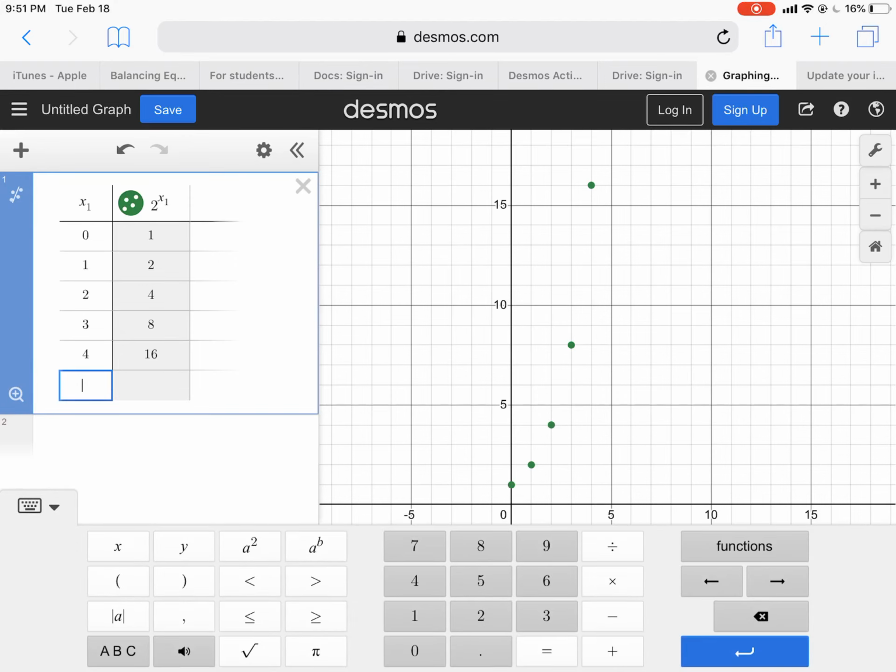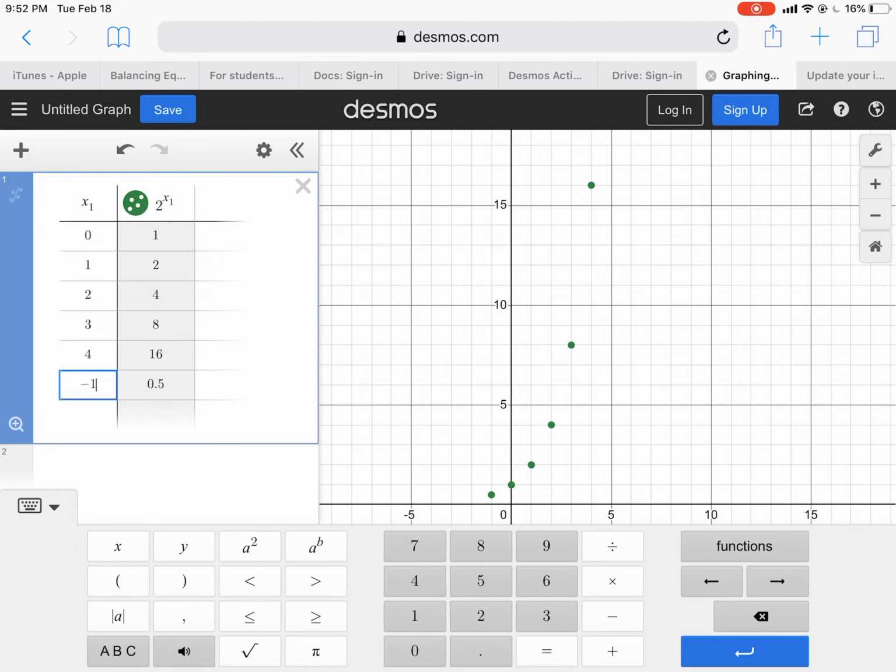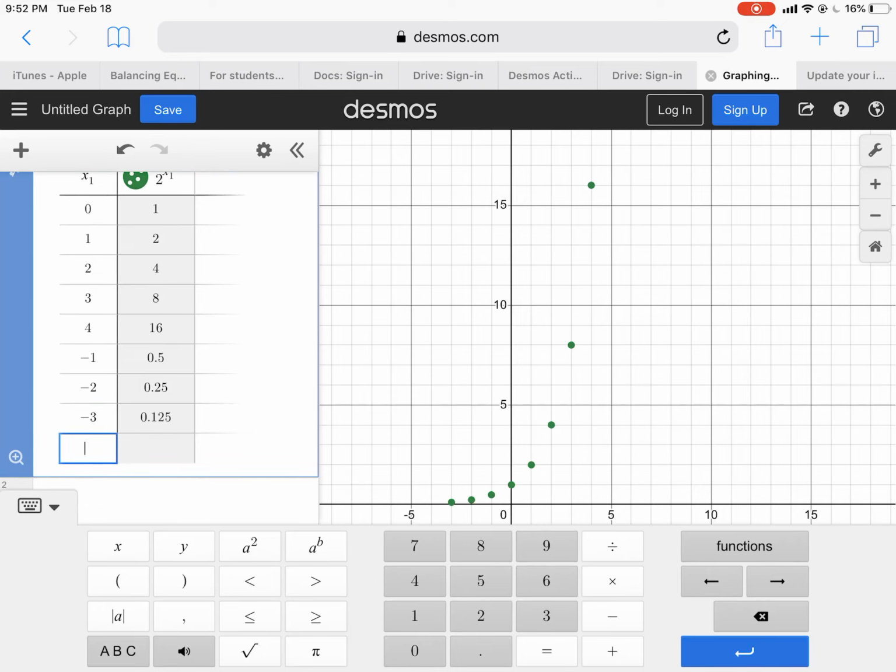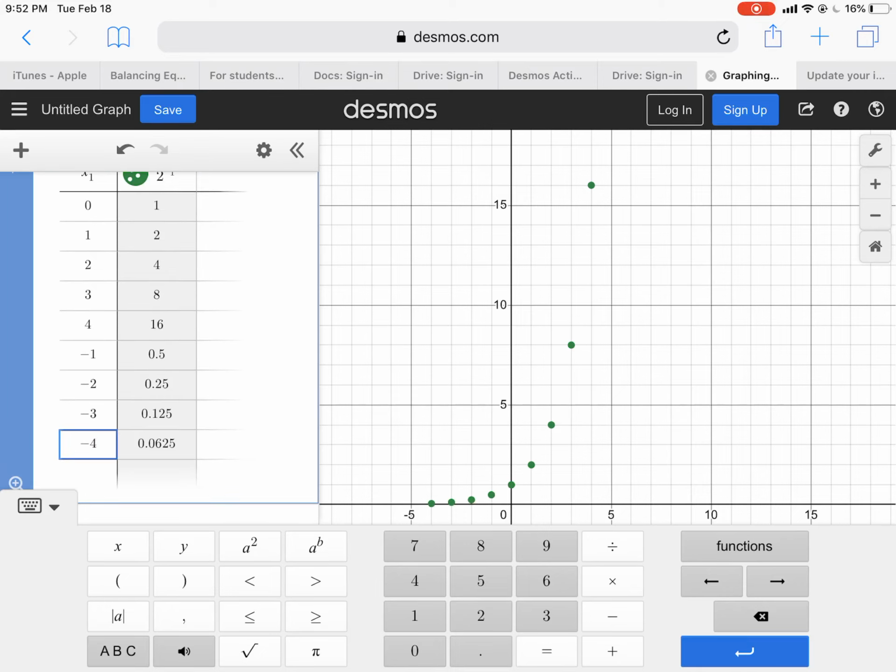Now I'm going to back up because I just started with 0, and I'm going to put in a -1 and show you what happens there. If you look at -1 now, it's actually 1/2. -2 is 1/4. -3 is 0.125. -4 is 0.0625.